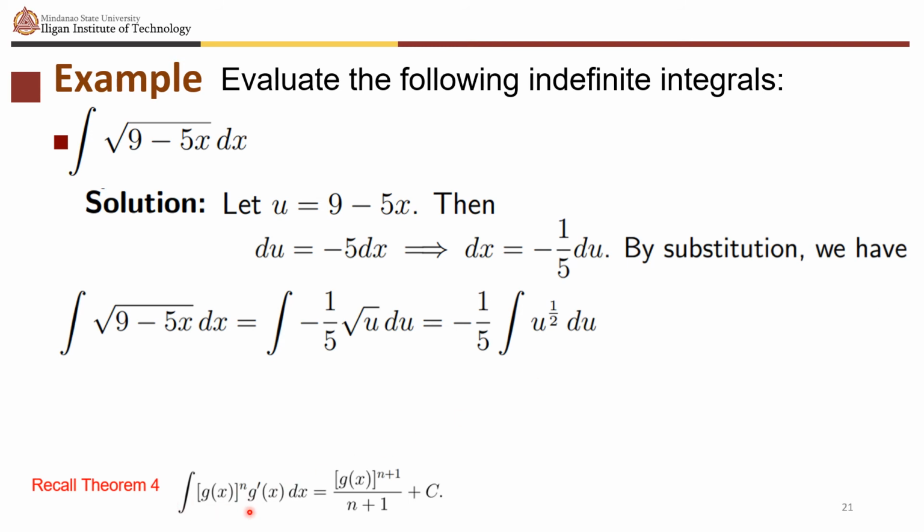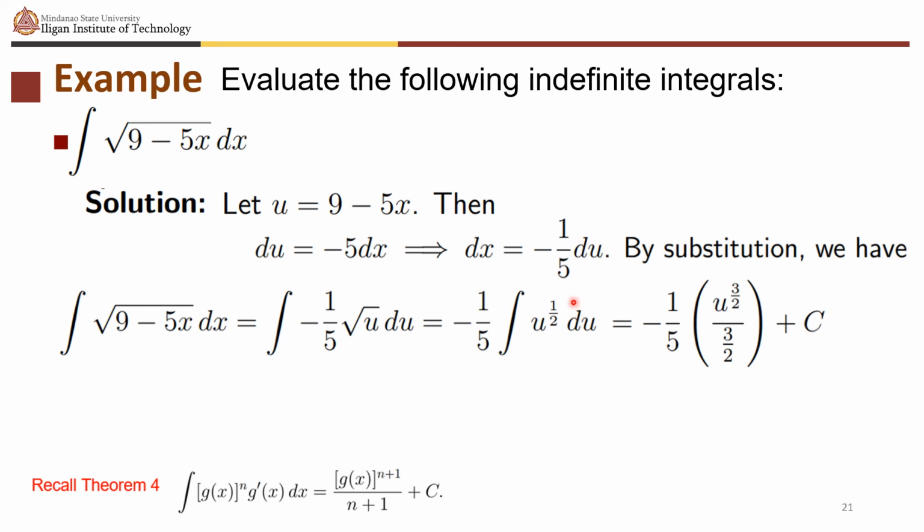So recall the theorem that we had given earlier: the integral of g of x to the n, g prime of x dx is equal to g of x to the n plus 1 all over n plus 1 plus c. So this is u to the 1/2 du, which is equal to negative 1 over 5 times u to the 1/2 plus 1.